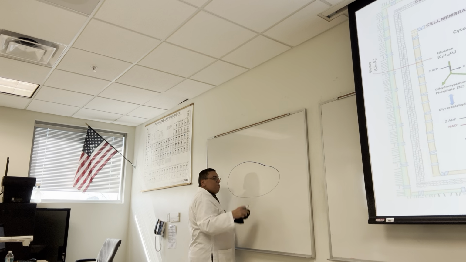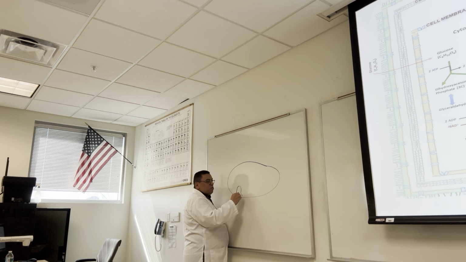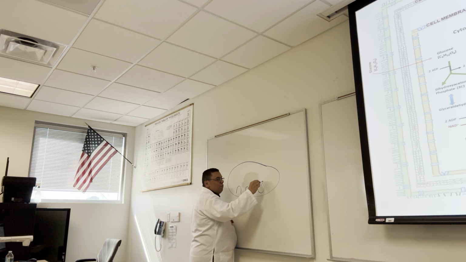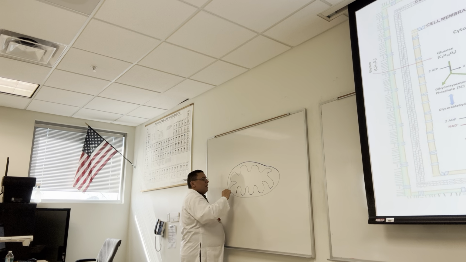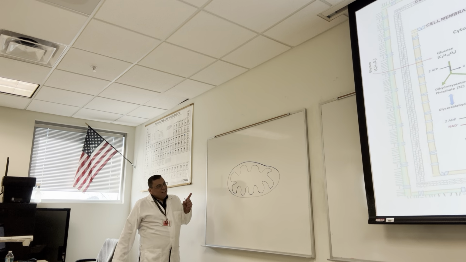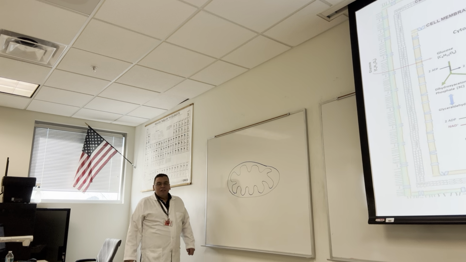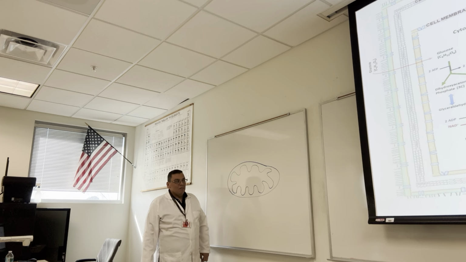Your inner membrane of the mitochondria is a folded structure. It looks like this. If you remember from your gen bio, I hope you do. All right. There it is. That's how you draw it. The way I drew it before, somebody should have stopped me.